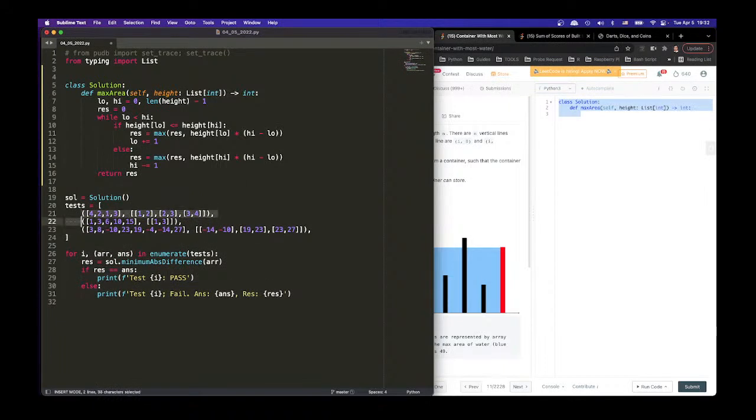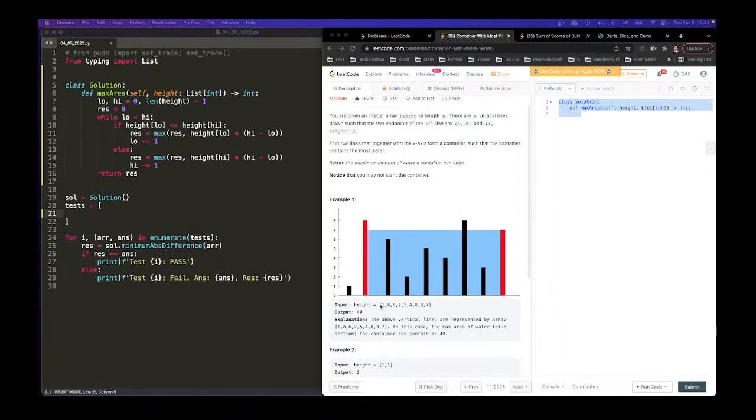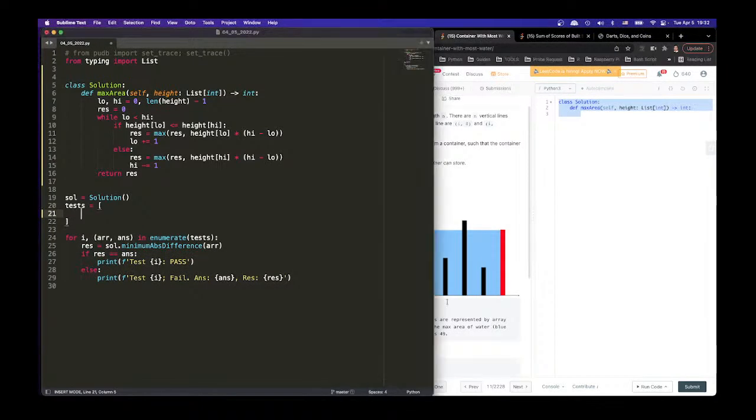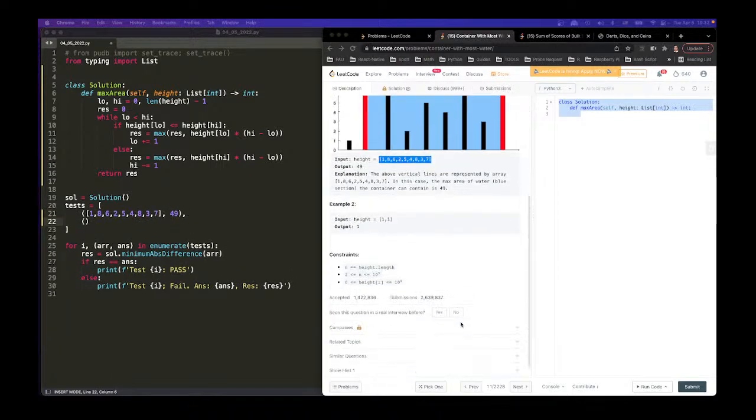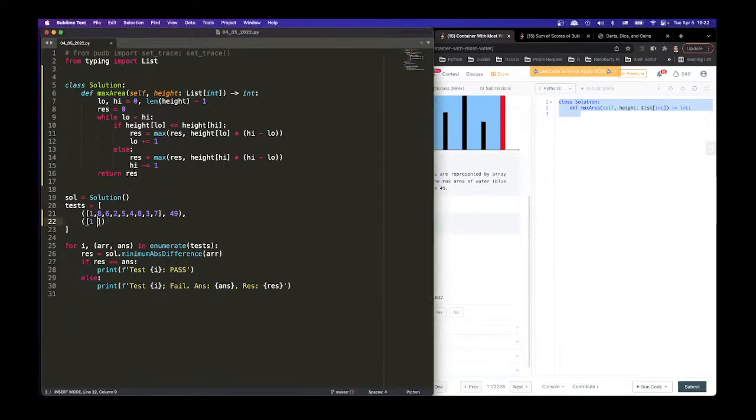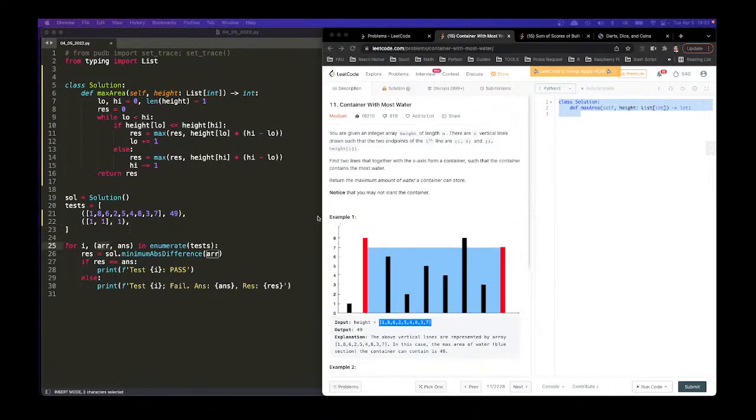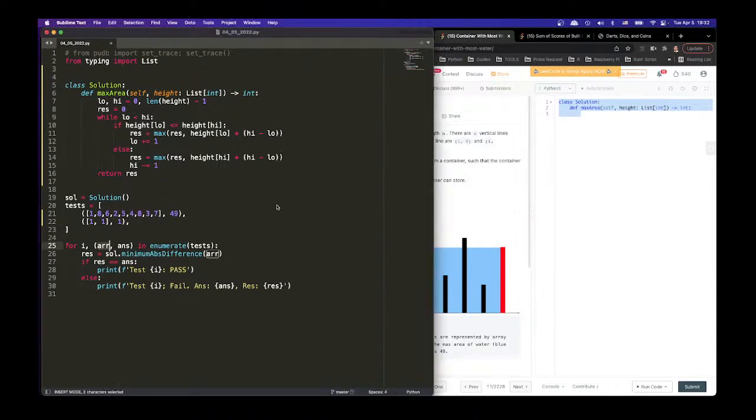All right. Let's see. We have this one, 49, 1, 1, 1. Max area height. Right? Seems to be right.